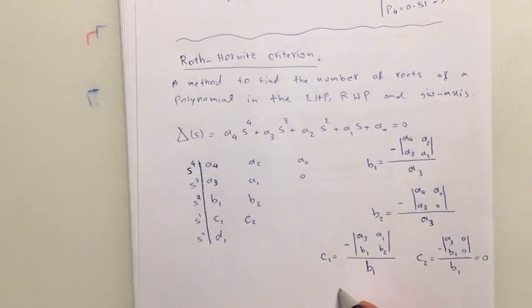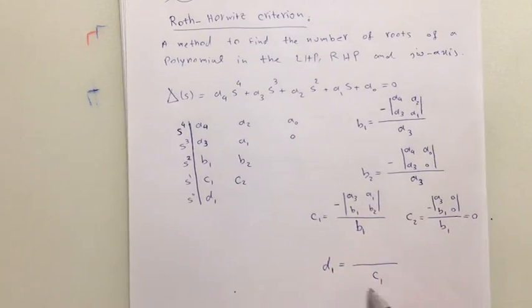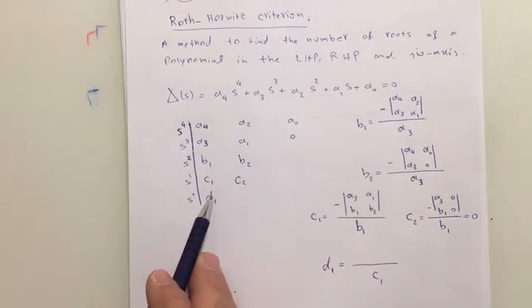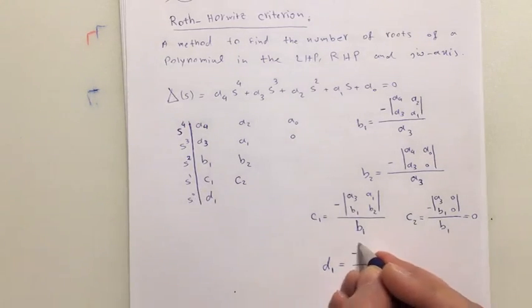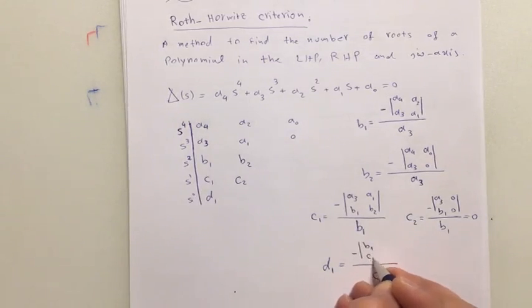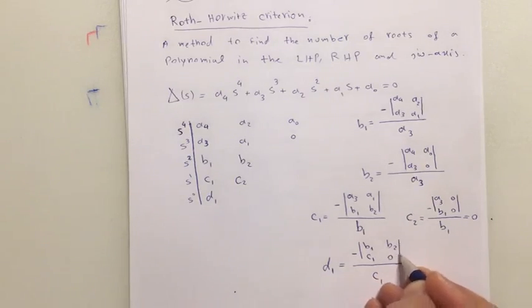And let's see what we have for D1. If we follow the same procedure, the denominator is C1, because we are talking about D1. The previous row first element is C1, and it would be minus B1, C1, B2, C2. But we know that C2 is 0, so I will write 0 here.